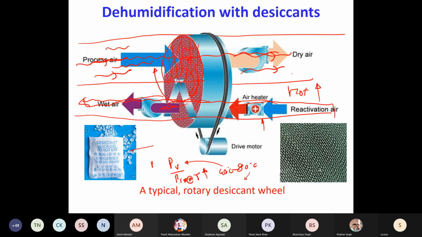Now where do we use this desiccant material? Wherever you require very dry air. Can you name one place where you require very dry air? Any application?